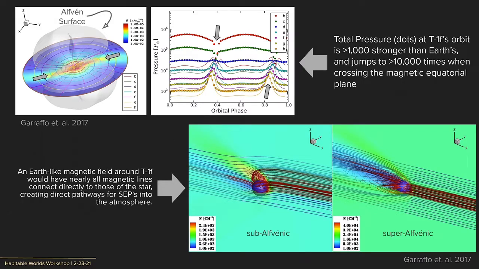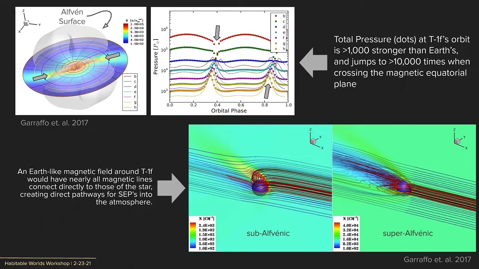In specific, we can look at TRAPPIST-1e here, which is this purple line, as that corresponds to this simulation right here. This is a magnetohydrodynamic simulation of the TRAPPIST-1e environment if TRAPPIST-1e were to have an Earth-like magnetic field. All of these red lines are showing magnetic field lines coming from the star and interacting with the magnetic field of the planet.